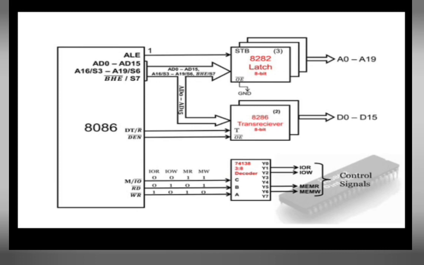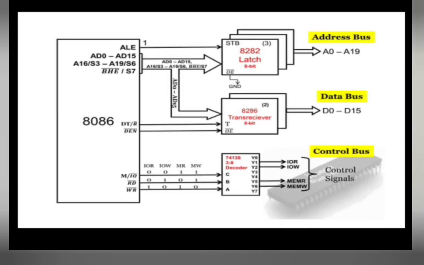That means we are using a 3 to 8 decoder here. The IO write signal, IO read signal, memory read signal and memory write signal are the four control signals produced in the 8086.